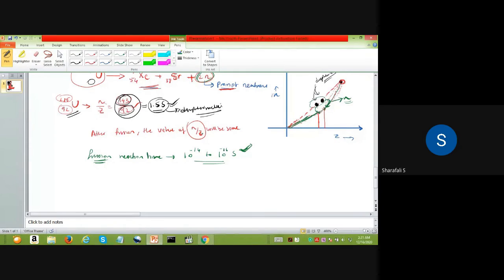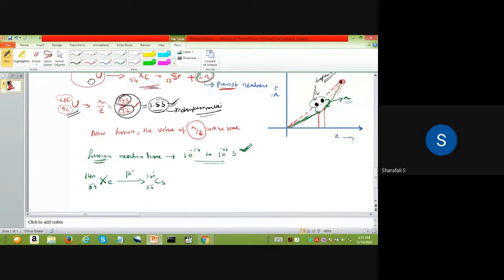Now, this xenon which is formed will not be stable. Let's say xenon 140, atomic number 54, just formed after the fission reaction, and this will decay into cesium 140, that is 55, through negative beta decay.